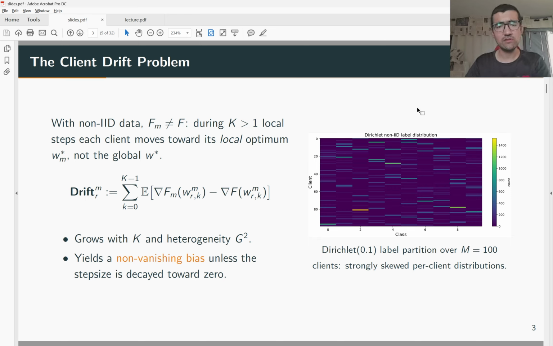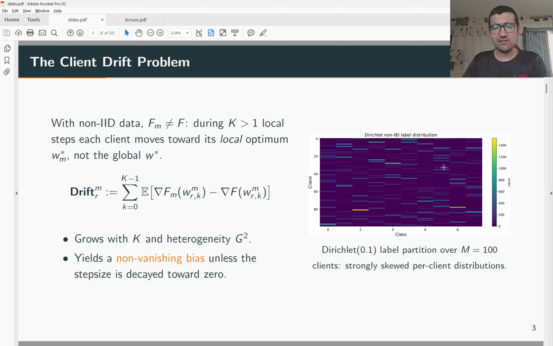Two things to note here. First, the drift grows with K. The more local work you do, the worse it gets. And it grows with the heterogeneity level, which we measure by the constant G squared. Second, and more importantly, it produces a bias that does not vanish over runs unless you decay the learning rate towards zero.